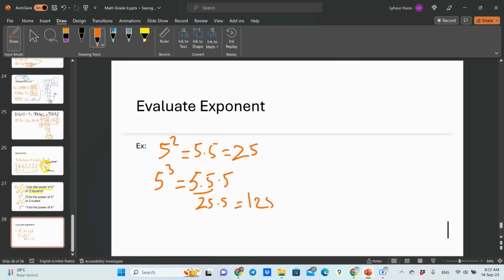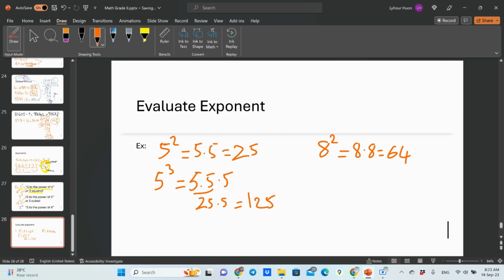Correct. How about 8 squared? 8 squared, which is 8 times 8, which equals 64, right? 64, correct.